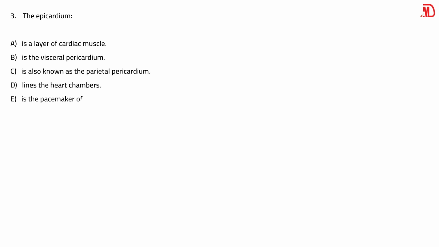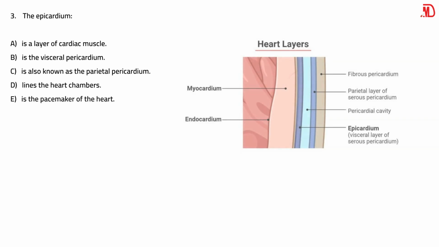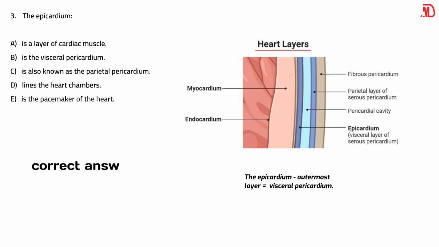And then E is the pacemaker of the heart. The epicardium is the outermost layer of the heart, and it is sometimes referred to as the visceral pericardium. The correct answer is therefore B, the visceral pericardium.